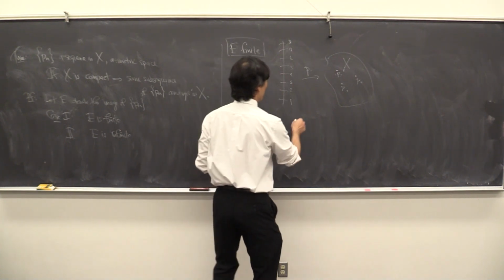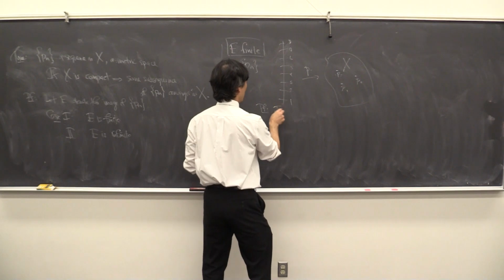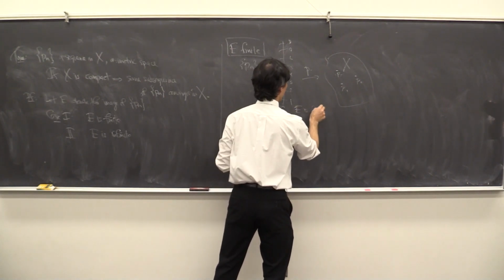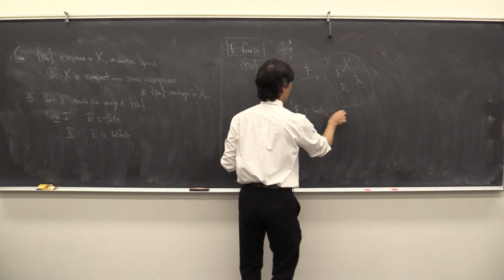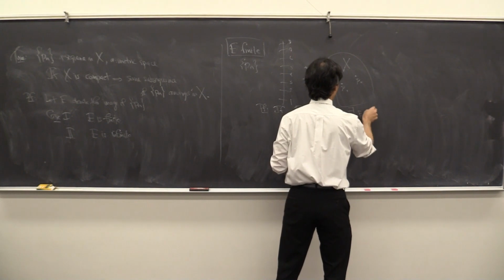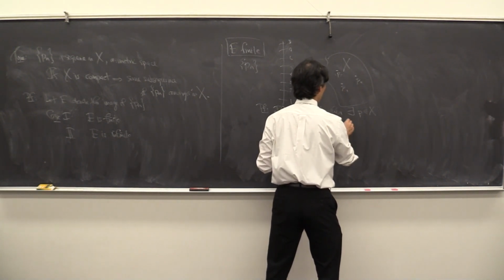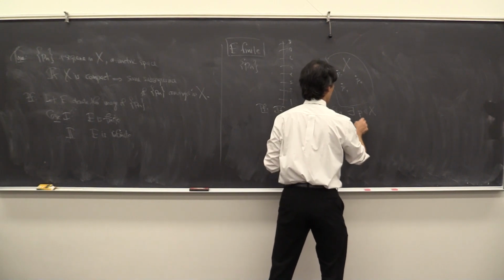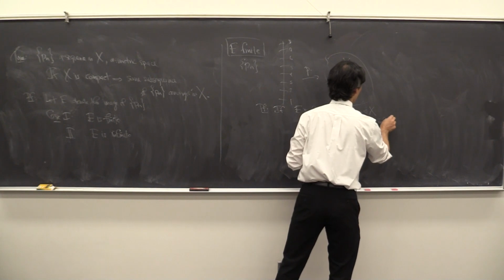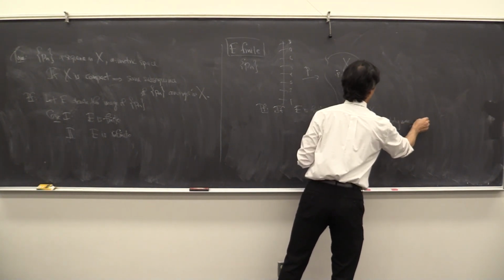It starts off the proof: if E is finite, then there exists a point P in X such that P sub n equals P for infinitely many n.